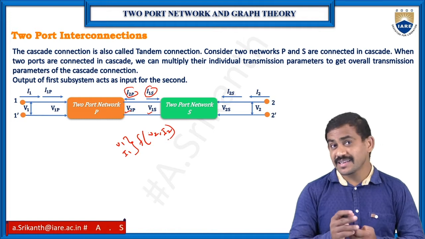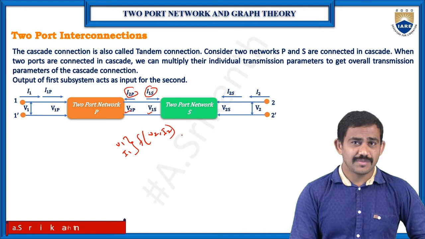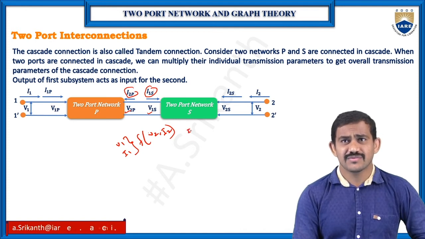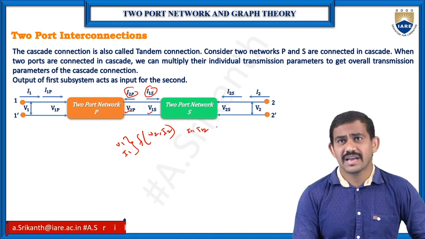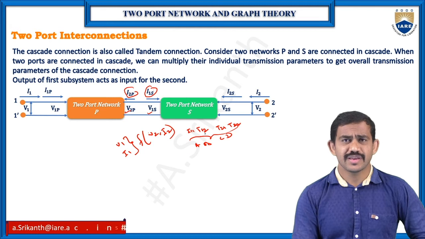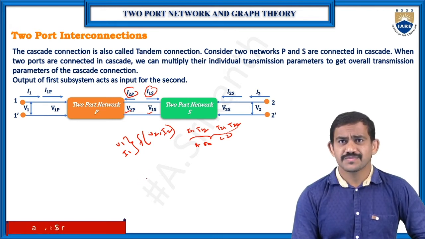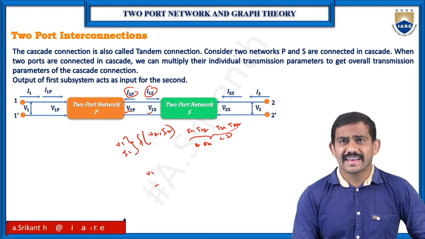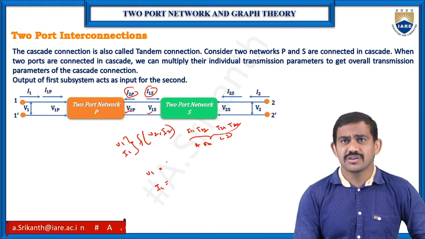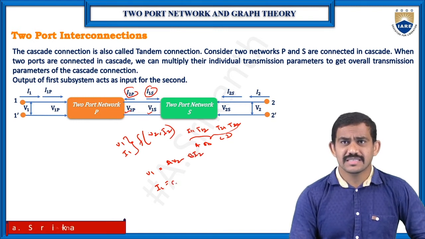The current direction is reverse. So for transmission line parameters, you can use T11, T12, T21, T22, or you can use ABCD. Anything you can use. So generally ABCD parameters: V1 is equal to A V2 minus B I2, and I1 is equal to C V2 minus D I2.